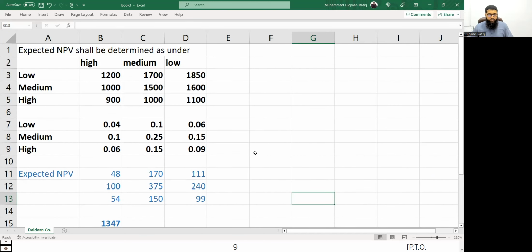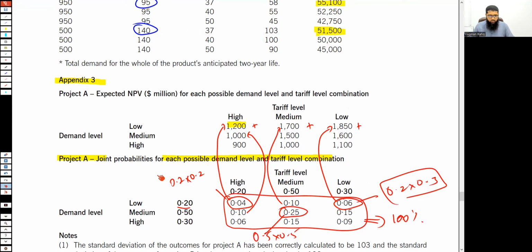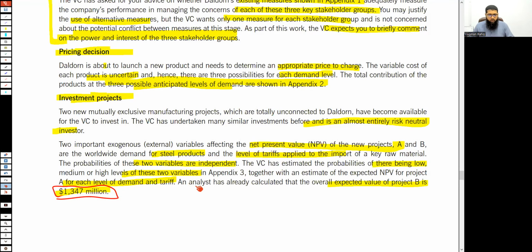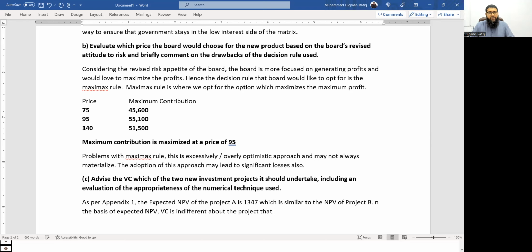So now what has happened is that you would say that as per Appendix 1, the expected NPV of project A is 1347, which is similar to the NPV of project B. On the basis of expected NPV, the VC is indifferent about the project that it should undertake.